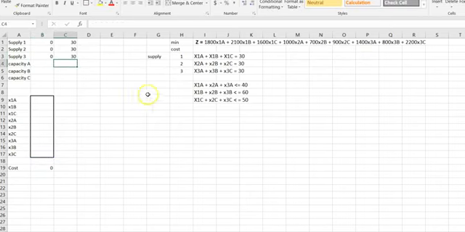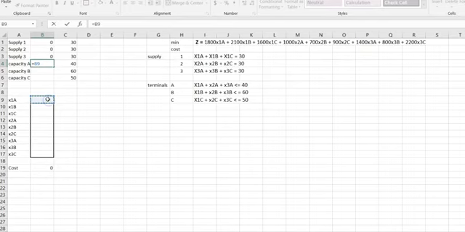Okay, now we have terminals A, B, C, and we have less than or equal to 40, 60, 50. The capacity for terminal A is going to equal 1A plus 2A plus 3A.